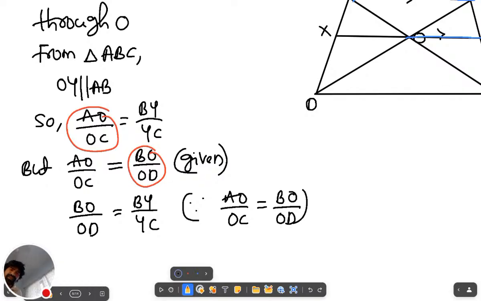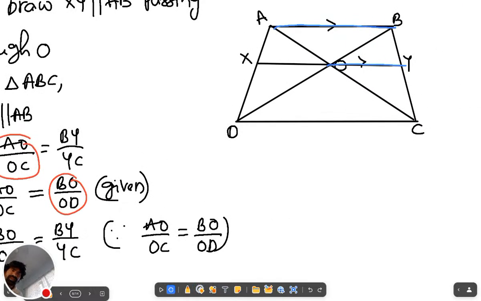So let's check this. BO by OD is equal to BY by YC. What did we get? That means this OY line is dividing the BC side in triangle BCD in the same ratio. So according to the converse of the basic proportional theorem, when a line divides two sides of a triangle in the same ratio, that line is parallel to the third side.